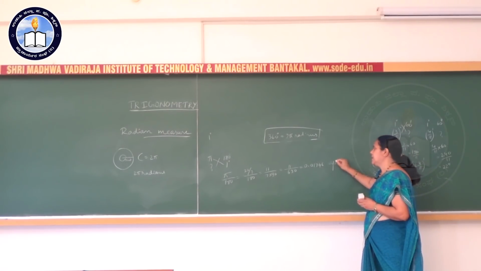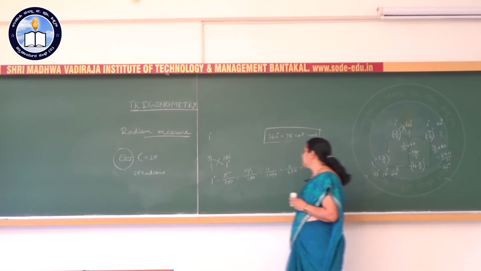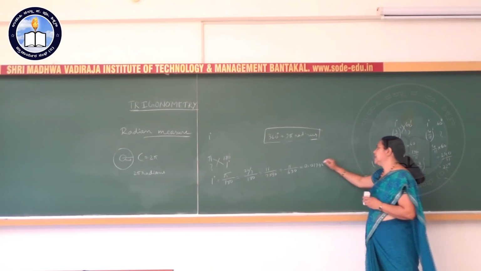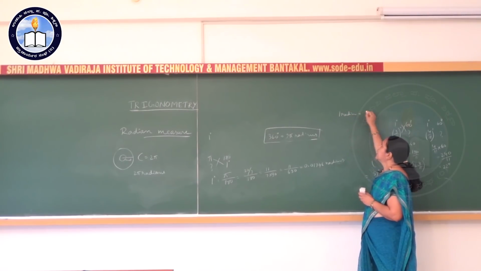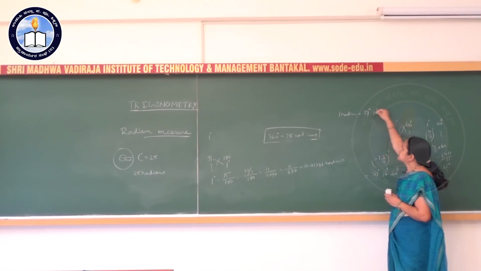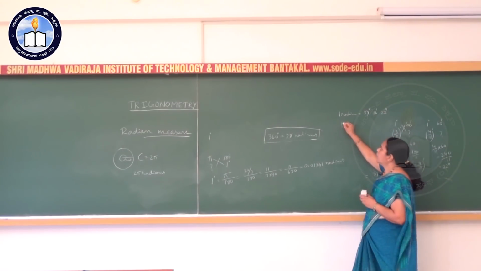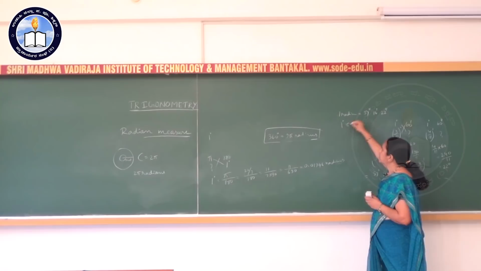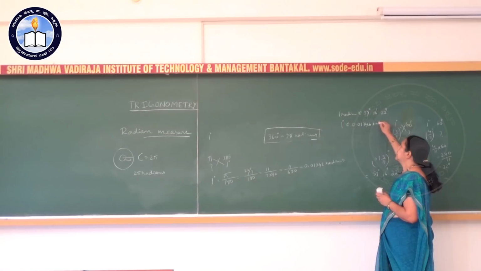radians approximately. So 1 degree is equal to 0.01746 radians approximately. So remember, 1 radian is equal to 57 degrees, 16 minutes and 22 seconds, and 1 degree is approximately equal to 0.01746 radians.